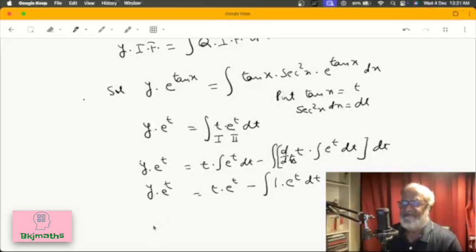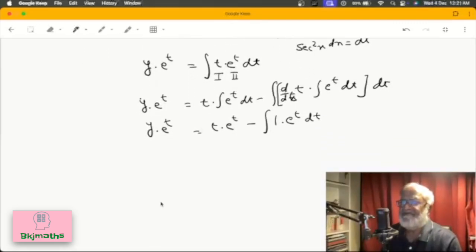So y into e to the power t equals t into e to the power t minus integration of e to the power t is e to the power t plus c.